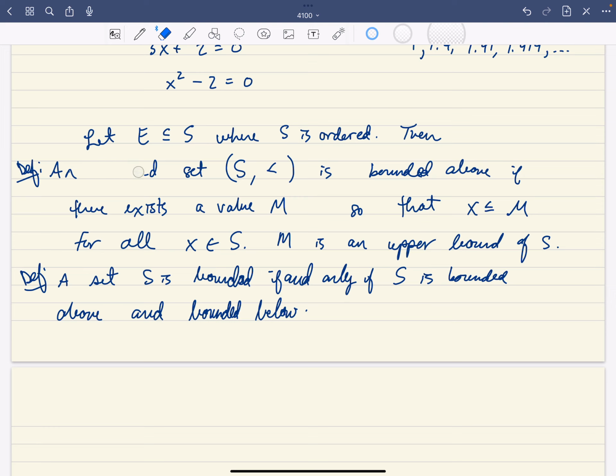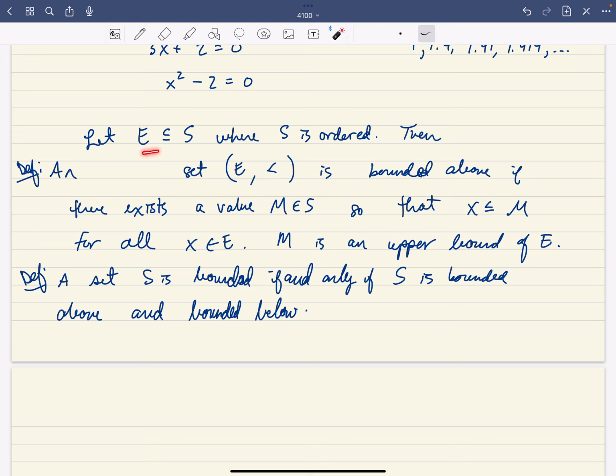Then the set E is bounded above if there exists a value m in S, so that x is less than or equal to m for all values in E. Okay, sorry for the change there.